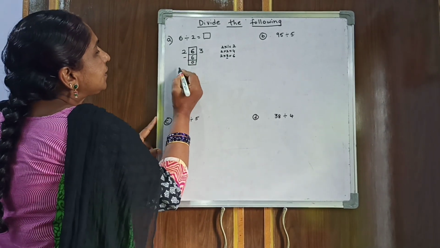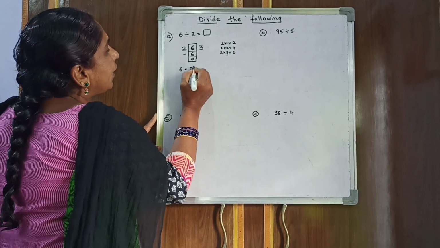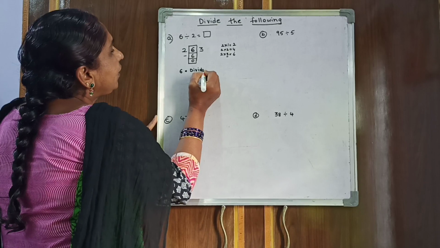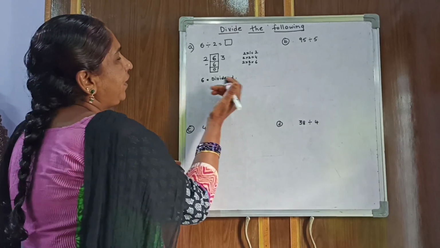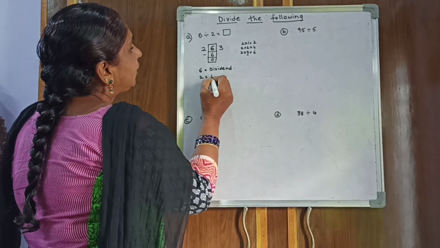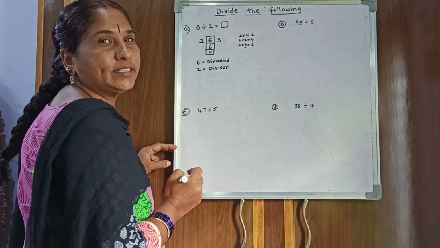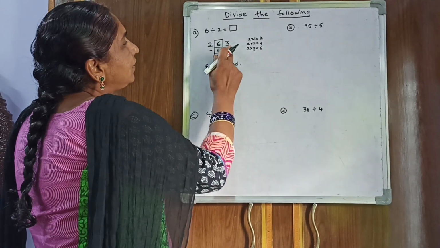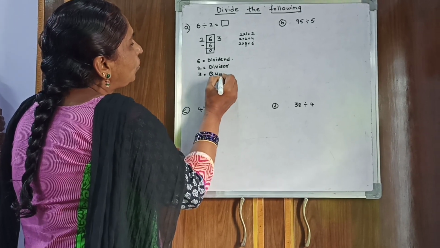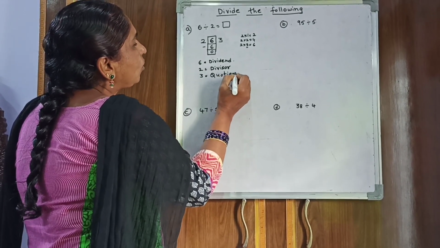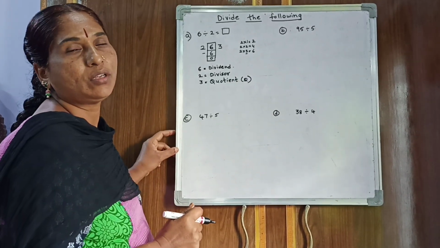So here 6 is the dividend, 2 is the divisor, and 3 is the quotient. You can write it as capital letter Q also.